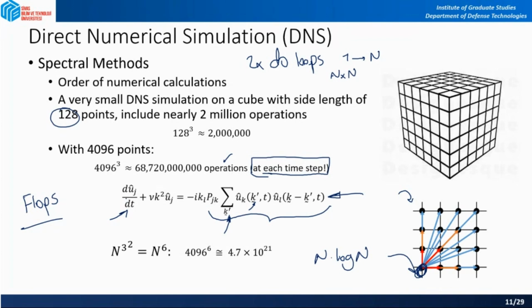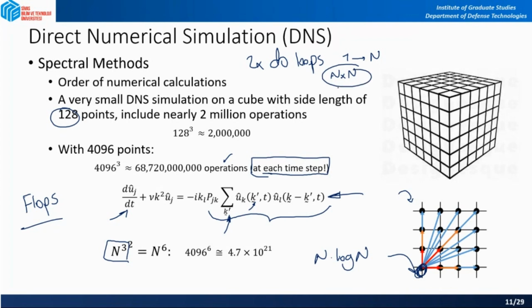As an example, in a typical spectral DNS study, if you have n physical points in each direction or each side of the cube, then it represents n cubed wave numbers. And then you have n squared that we were talking about above. We said n squared.